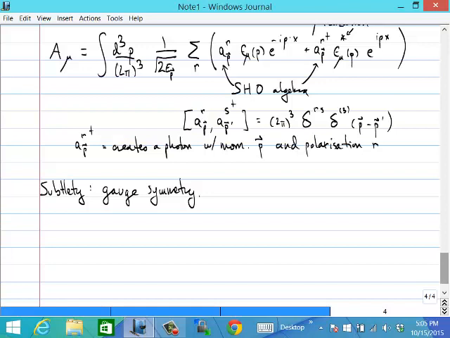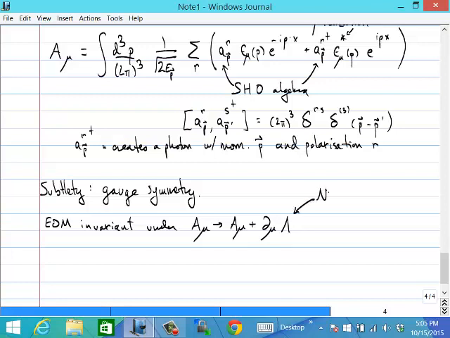In the context of electromagnetism, gauge invariance is simply the observation that the equations of motion are invariant under a symmetry which takes A_mu to A_mu plus the derivative of any other function lambda.